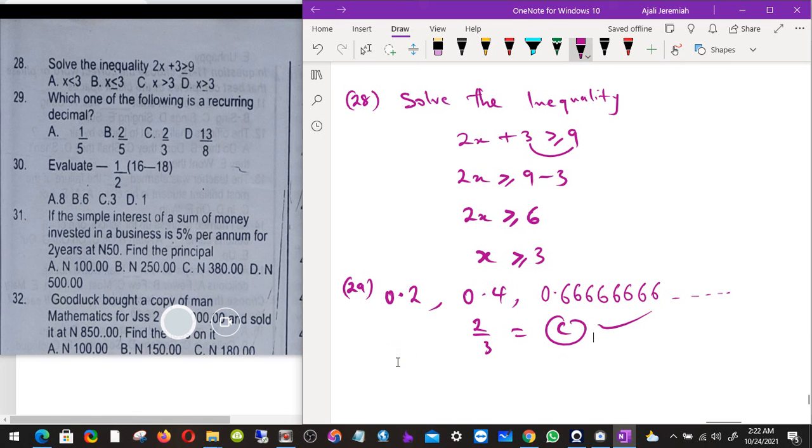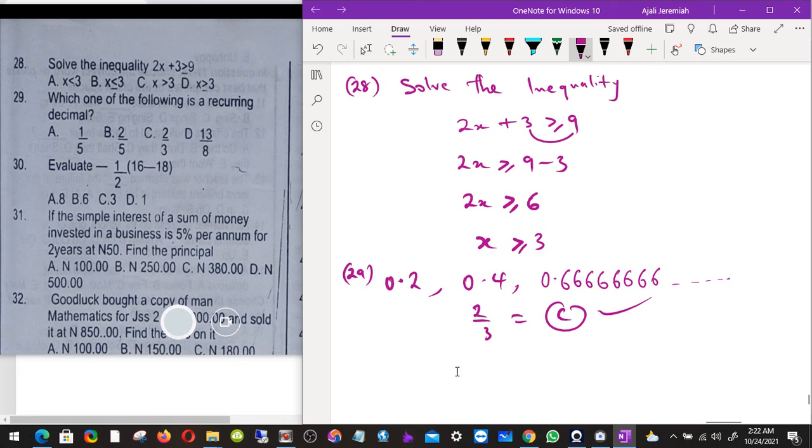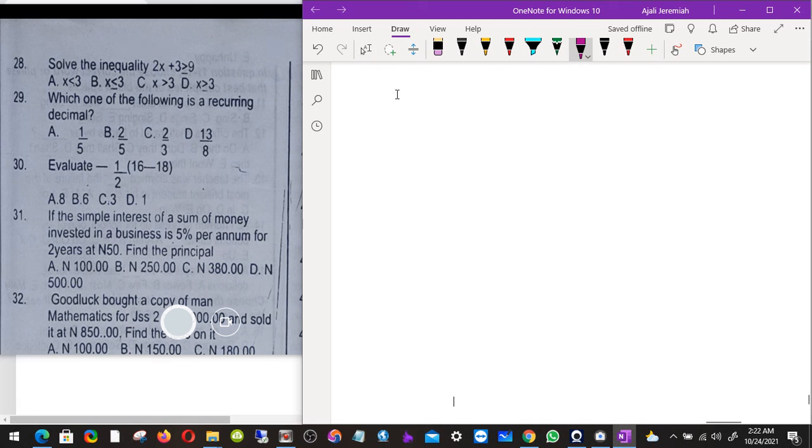Number 30. It says evaluate minus 1 over 2 open brackets 16 minus 18.